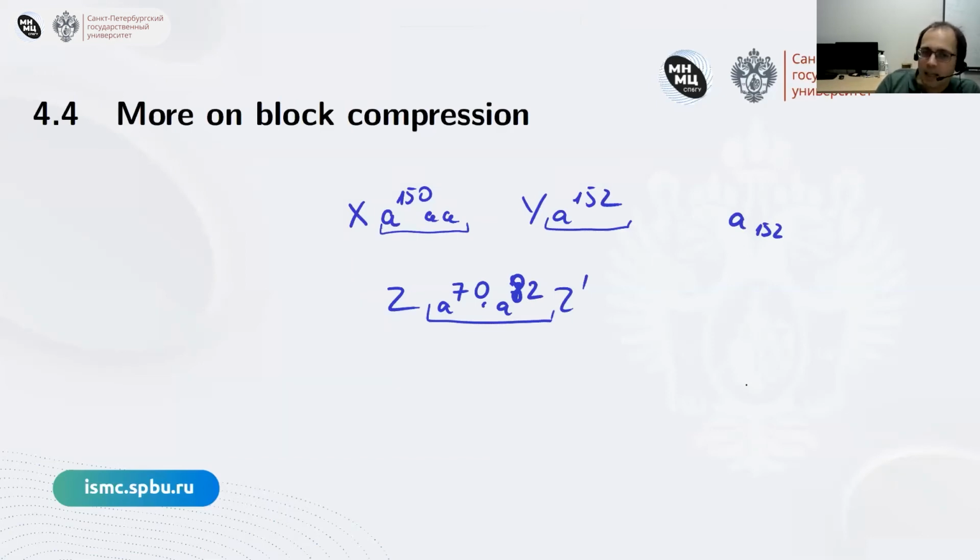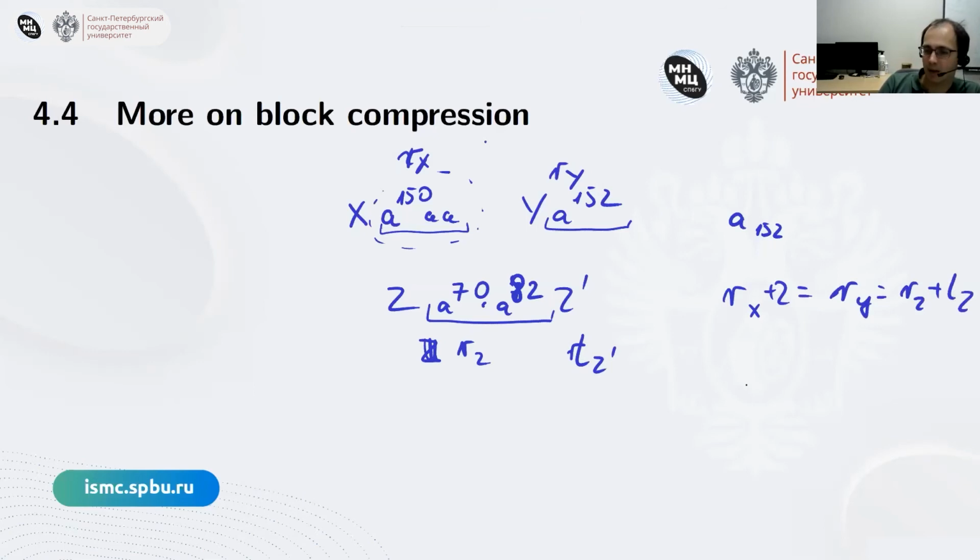So instead of explicitly giving those lengths, we would describe them as what was popped to the right from X, what was popped to the right from Y, what was popped to the right of Z and to the left of Z prime. Then we just want to say that Rx plus 2 is the same as Ry, which is the same as Rz plus Rz prime.